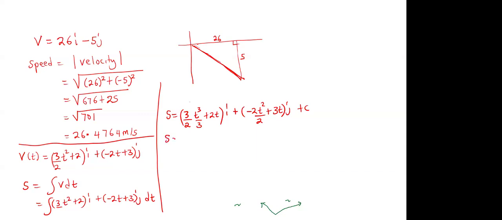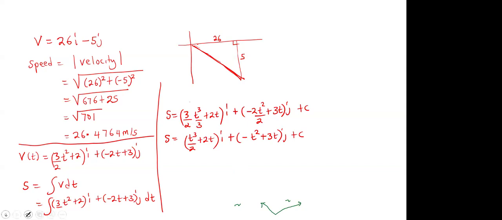Now from here, you can reduce a bit. The first one, we shall remain with t cubed out of 2 plus 2t, everything into the i component. Then the next one, we shall have plus negative t squared plus 3t, everything into the j component, plus c.